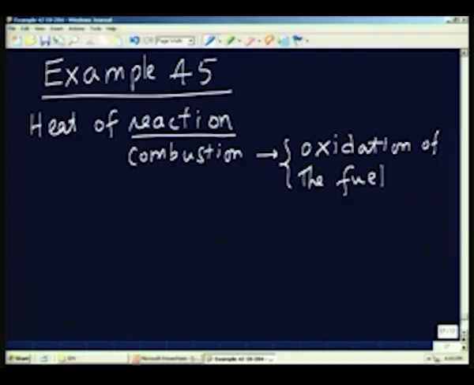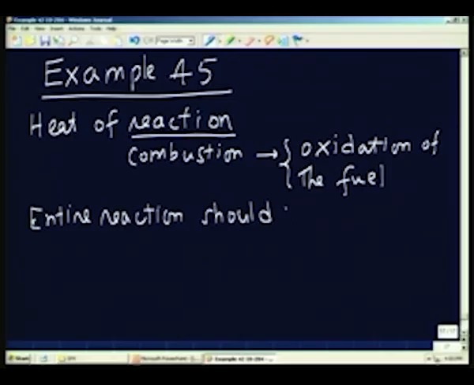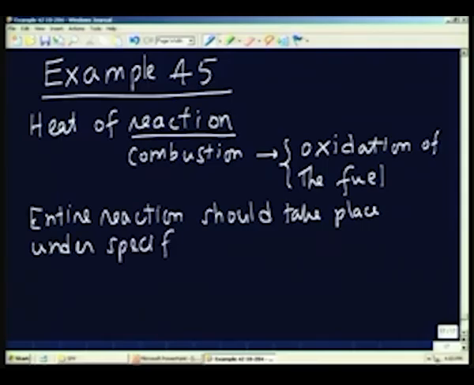The entire reaction should take place, or burning should take place, under some specified standard condition. This is the definition.